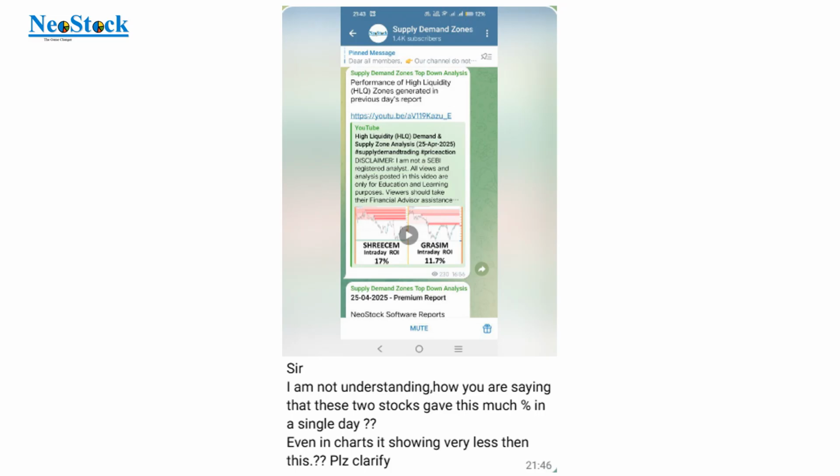The advantage you get because of futures trading: first, learning will be easy. Second, you get opportunities to trade either side, long and short. I believe all of you are aware of long trading and short trading concepts.